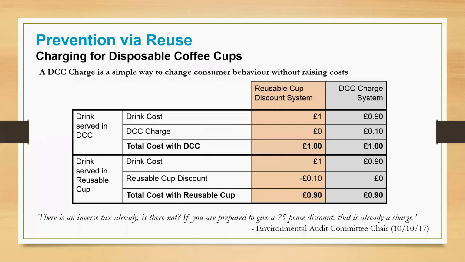As you can see under the two scenarios here, whether the drink is served in a disposable coffee cup or in a reusable cup, the price is the same under a discount or a charging system. This was pointed out at the Environmental Audit Committee by the chair when asking the industry what they thought about a charge, and she said, "This is an inverse tax already, is there not? If you're prepared to give a 25 pence discount, that's effectively already a charge." And that's absolutely true. It's just about the way it's perceived.